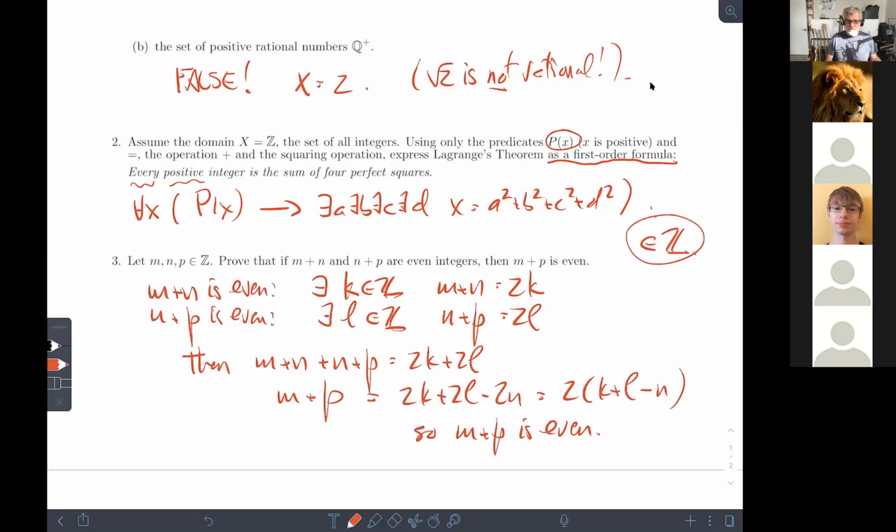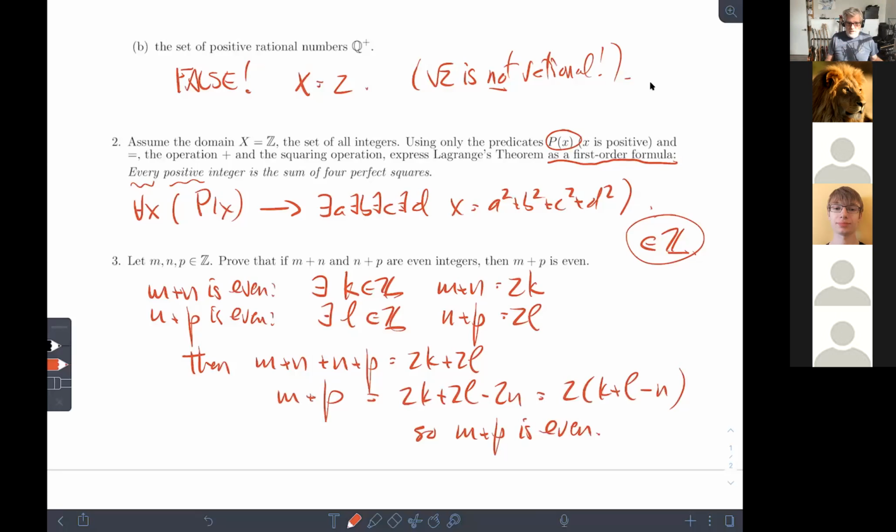This is a correct argument. It is long, especially if you do everything correctly. For some of you who tried this way, you just said, well, if m plus n is even, then m and n are both even or they're both odd.